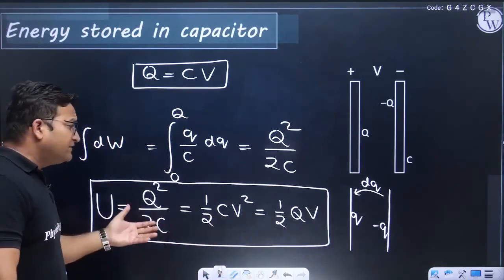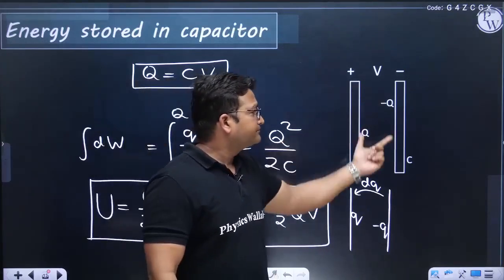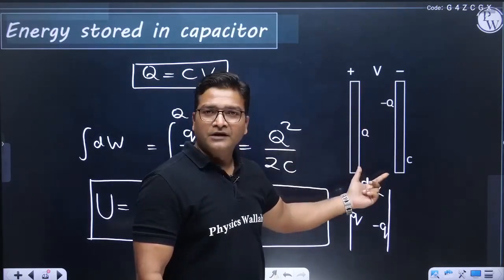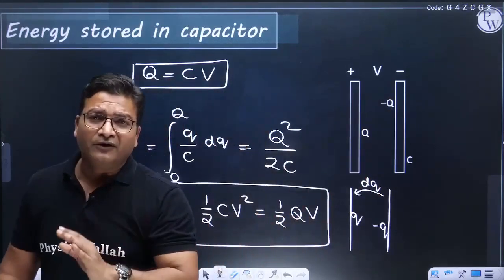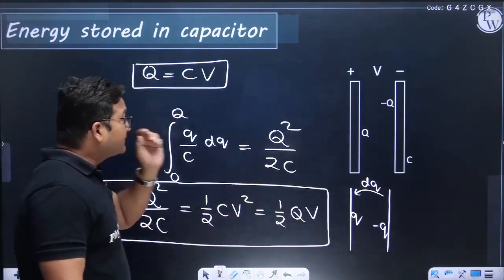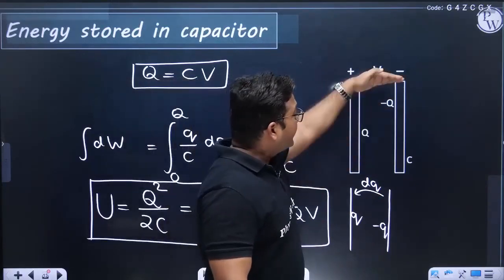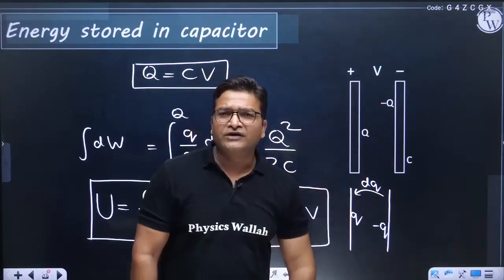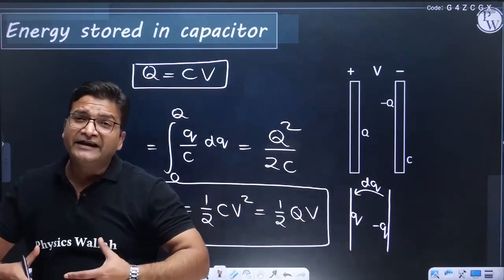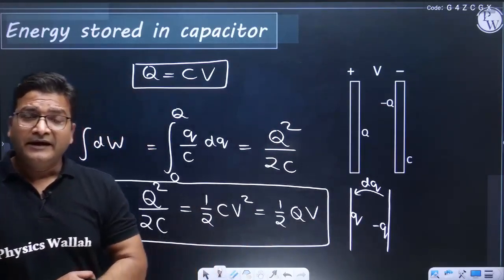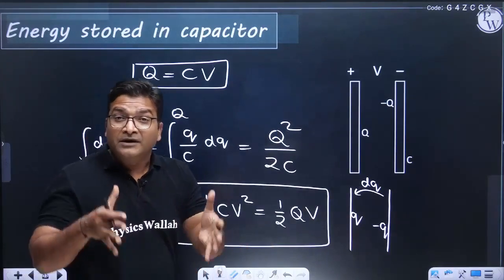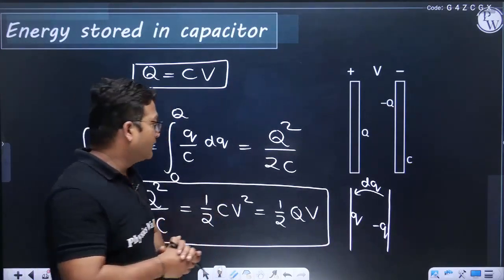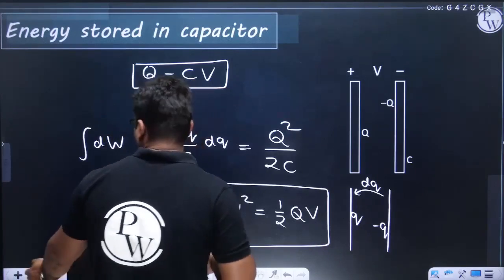Okay, this energy is stored in this volume, and as in this volume the electric field is almost uniform, this energy too is stored uniformly in this volume. So sometimes they ask us about energy density. And energy density is actually energy stored per unit volume. Okay, so let me write it somewhere.